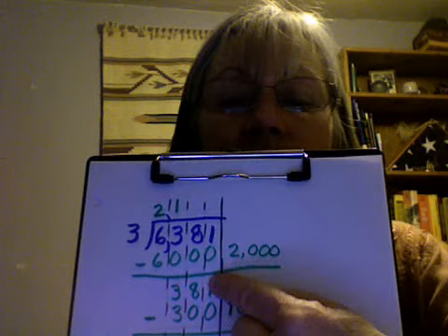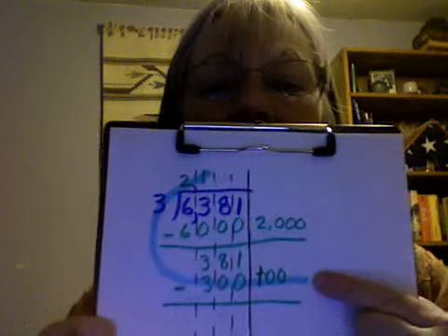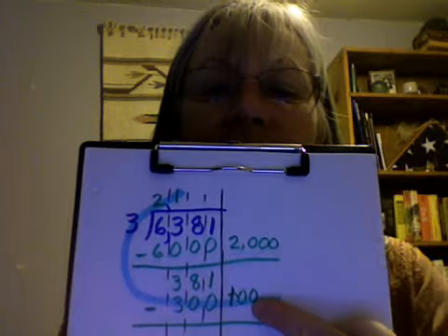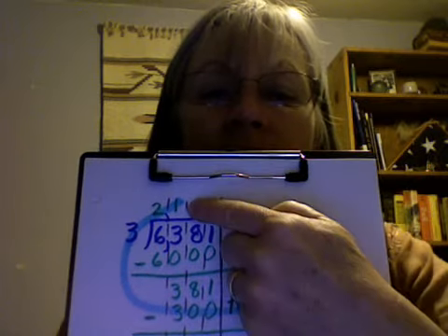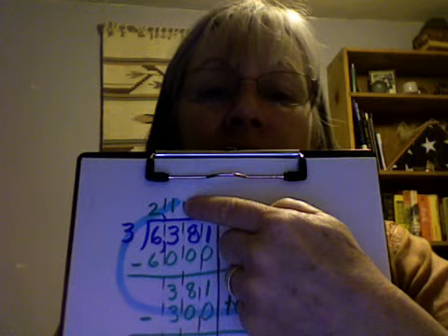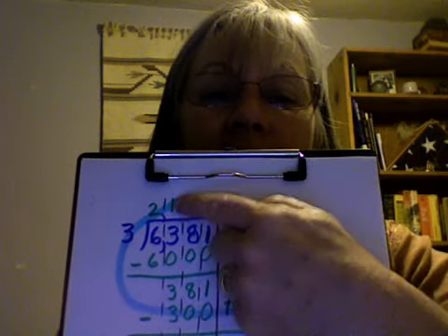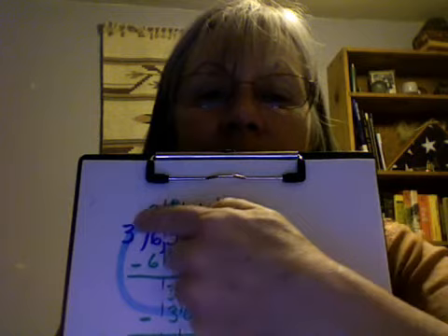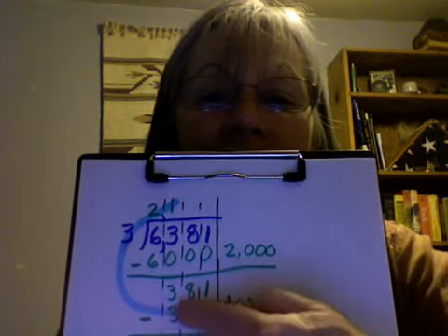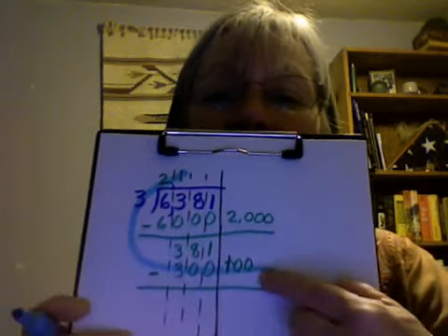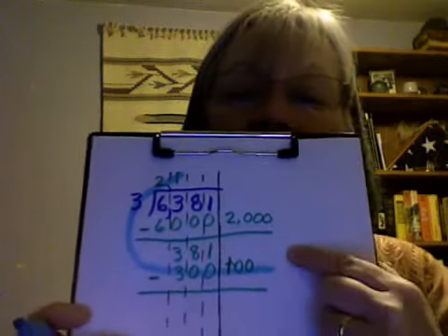If we were to draw the next big U shape, it would go through the 100s column, through the divisor, which is 3, and around through the 300, which we're going to subtract. The 100 over here corresponds to the 100 we've written in our answer. It's 1, and it's in the hundreds place. So we know that 100 groups of 3 make 300, which will now be subtracted from 381.